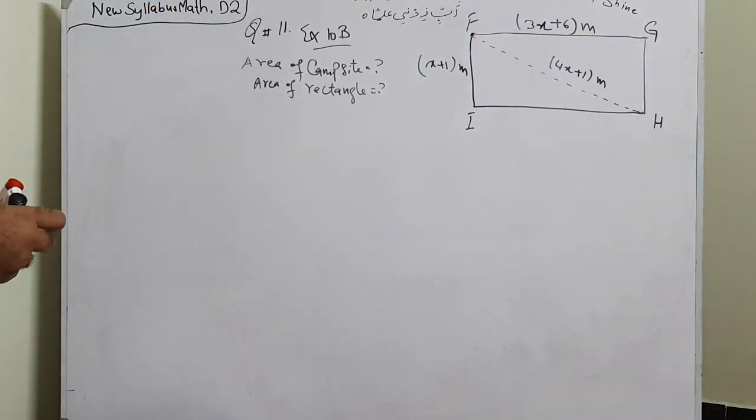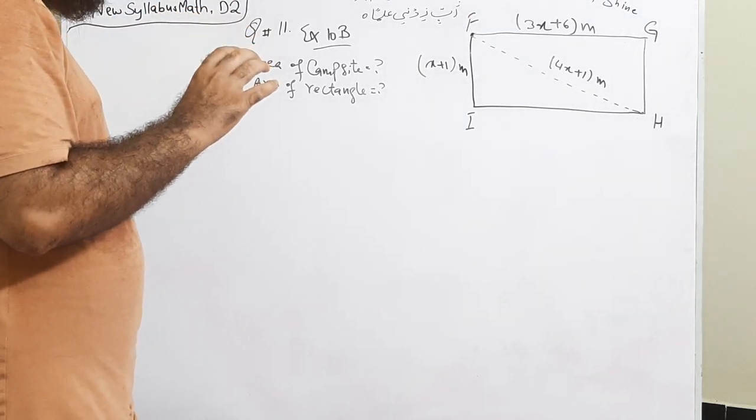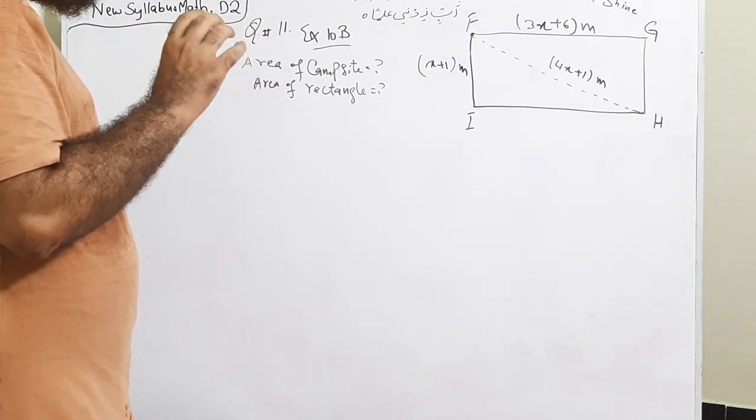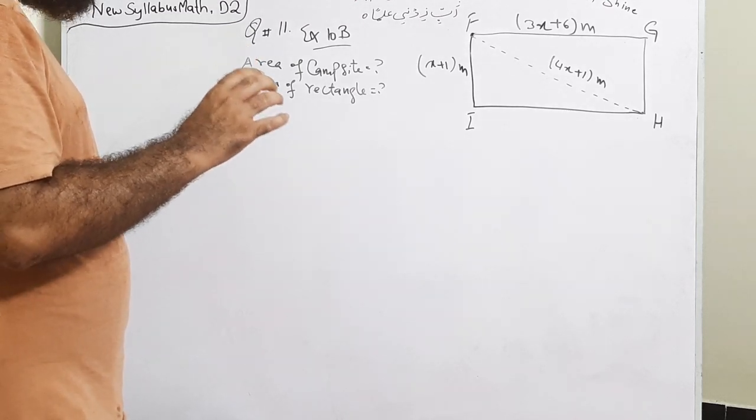First we need to build the theme, how it goes to find the area of a rectangle. There are basically two steps involved to find the solution of this question.